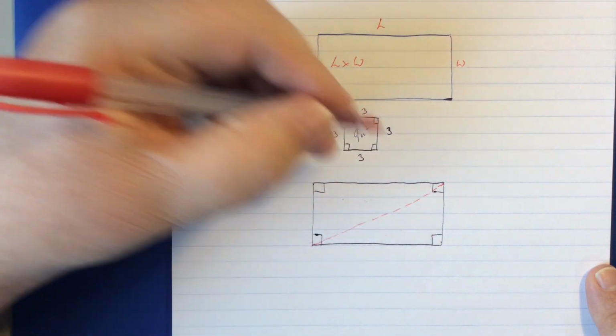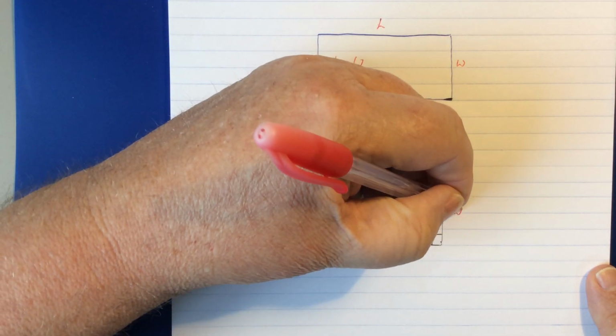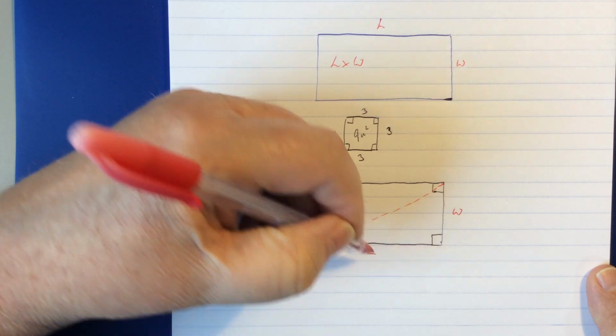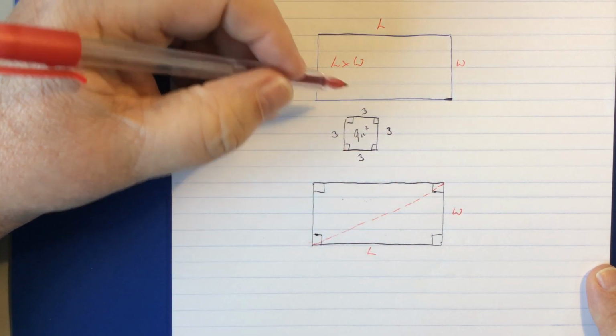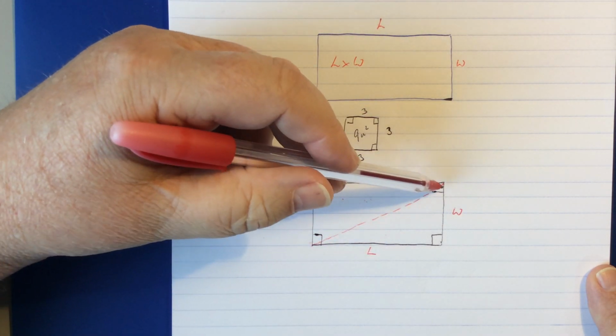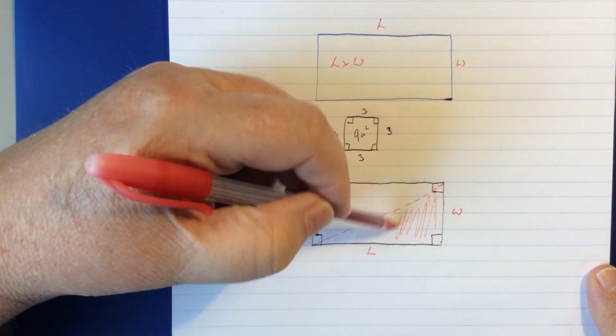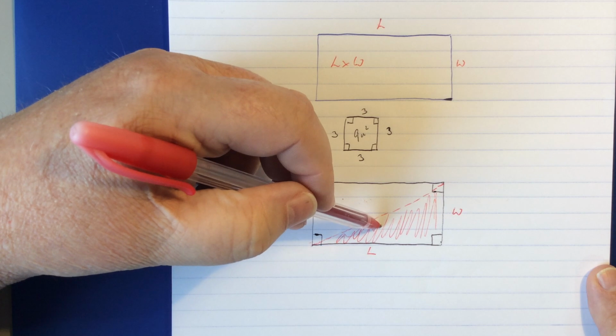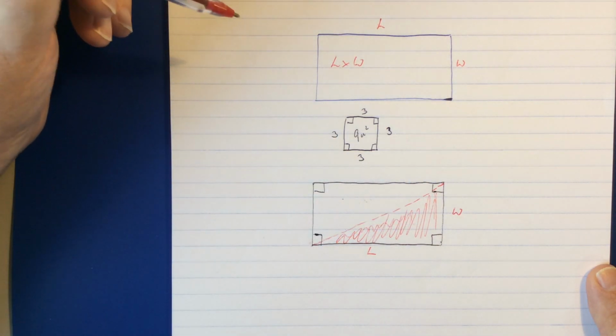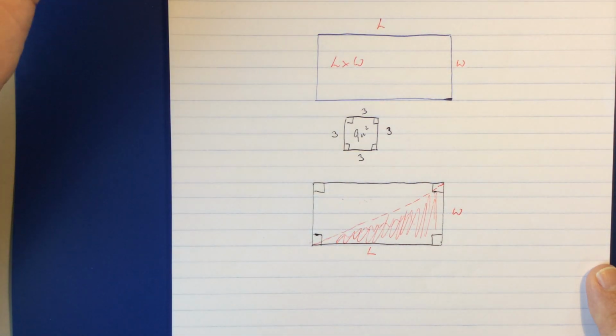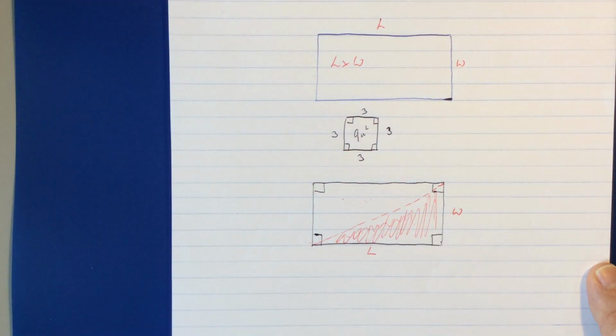Now, we still have width, we still have length, but we're only dealing with half the space if we go looking for what the area of the shaded part of this is. So, how do we go about that? Well, there are two ways.